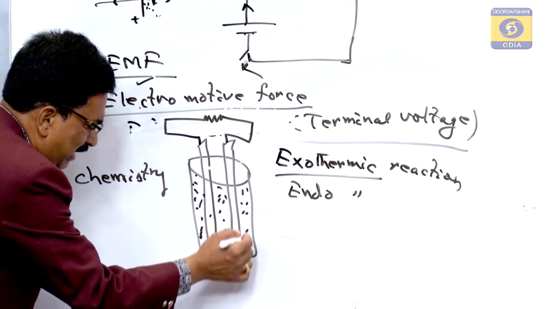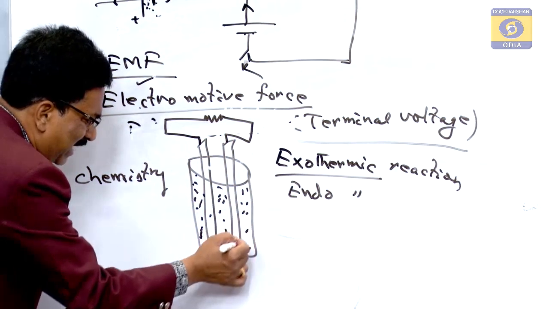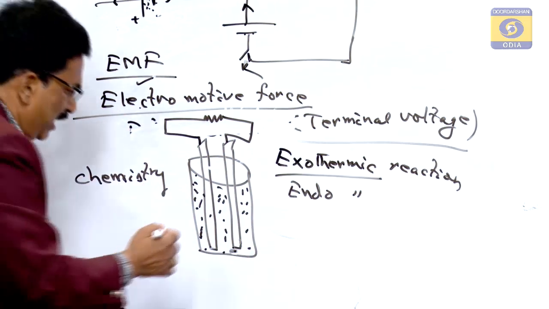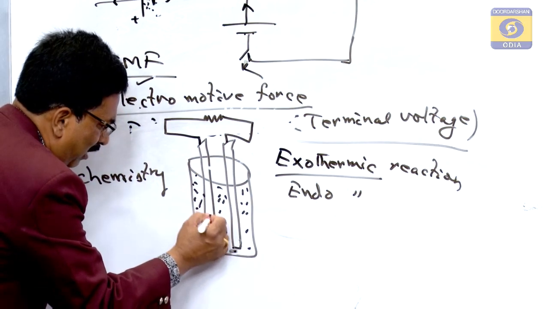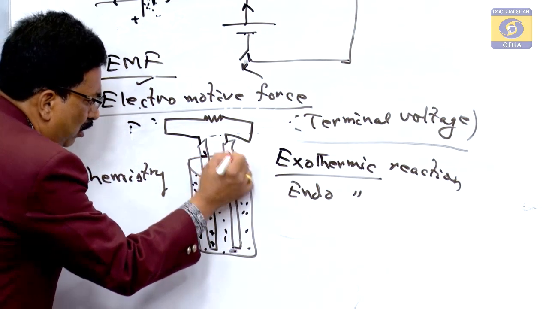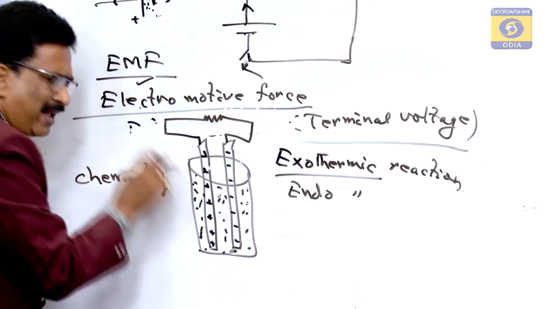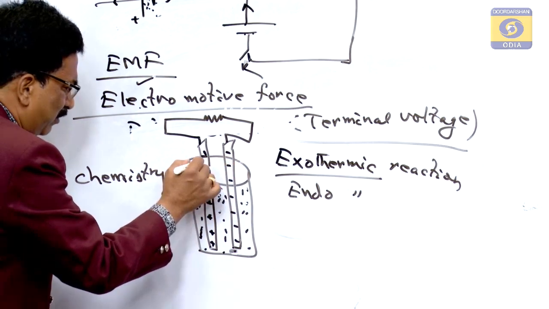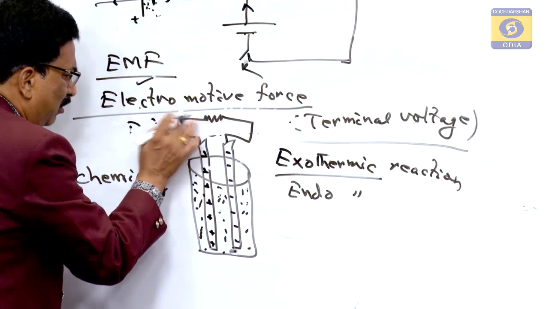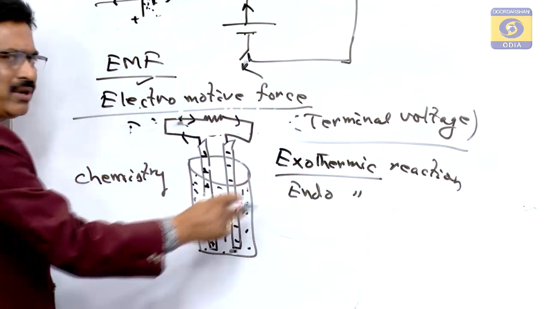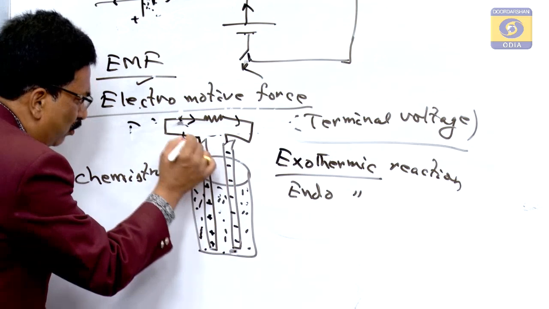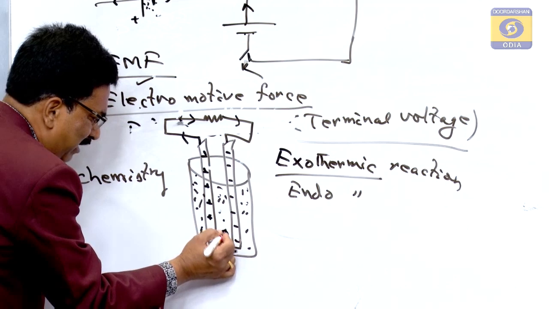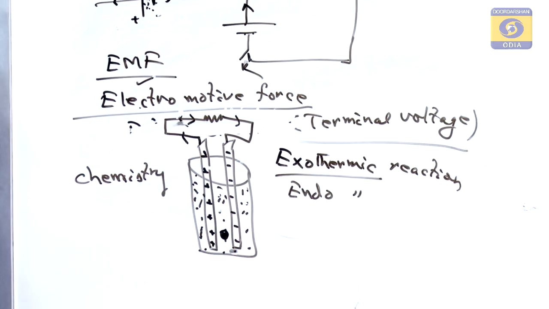So due to these electrochemicals present inside, they together make the exothermic reaction, meaning they will produce energy, and that energy will be able to store the positive ions in one electrode and the negative ions in the other electrode, and the flow from positive to negative will continue. So when an electron is coming here, and if an electron is placed here, where will the electron go?